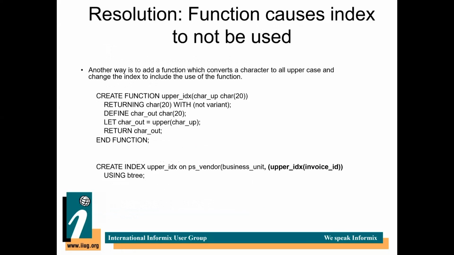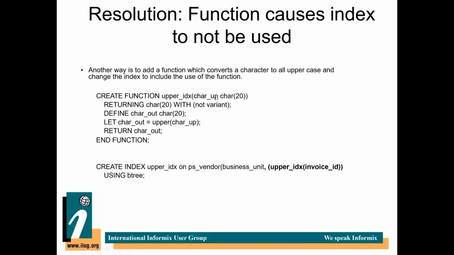Another way you can do it is to add a function which converts a character to all uppercase and change the index to include the use of the function. So here's the actual function that I created.